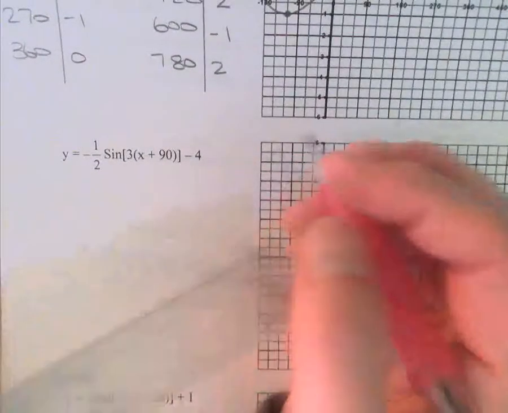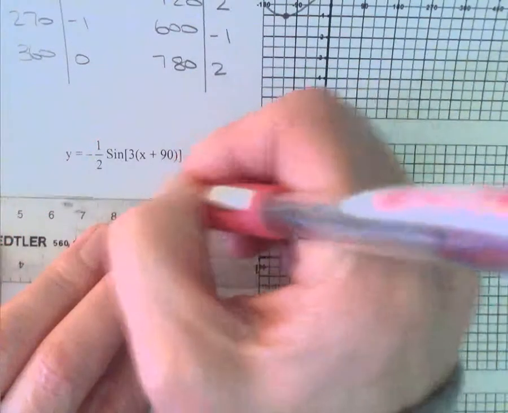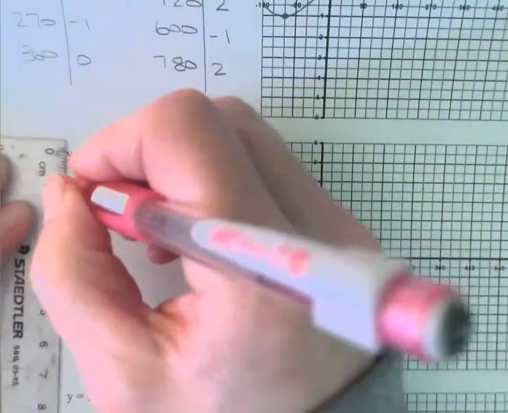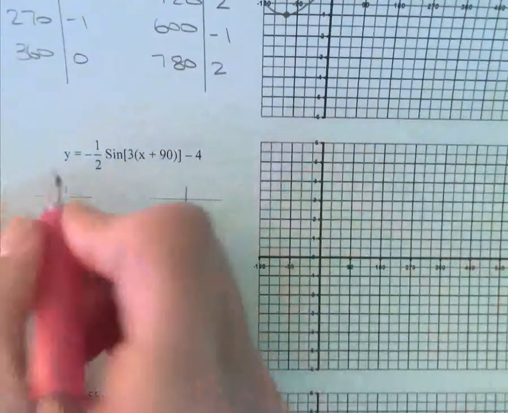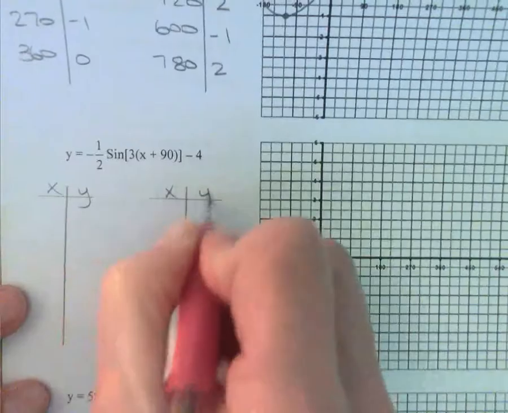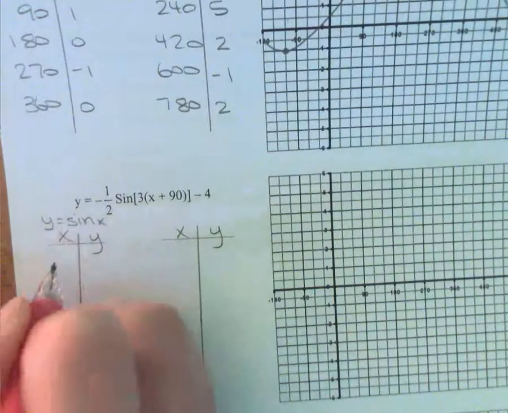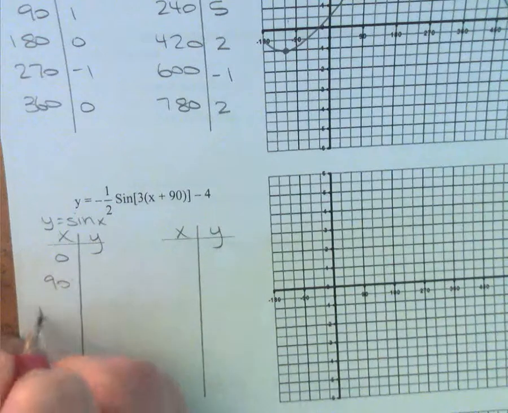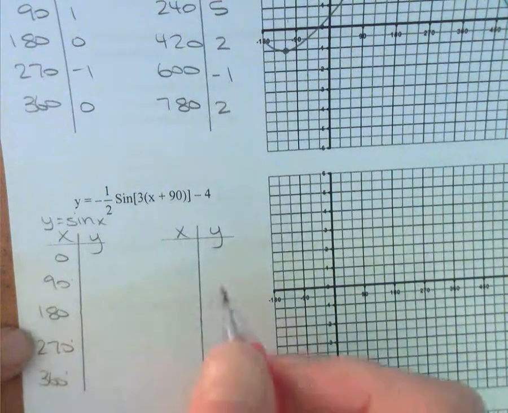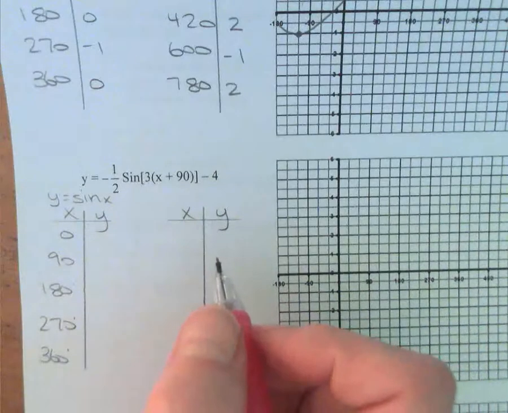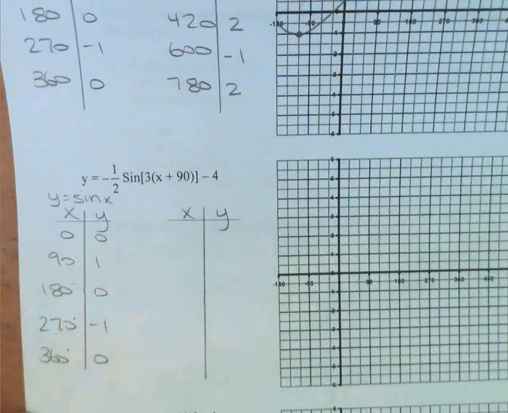Okay, for this one, we need to draw a base table and a transform table. So I have xy, xy. This is y is equal to sine x. So again, we have 0, 90, 180, 270, 360, and 0, 1, 0, minus 1, and 0.